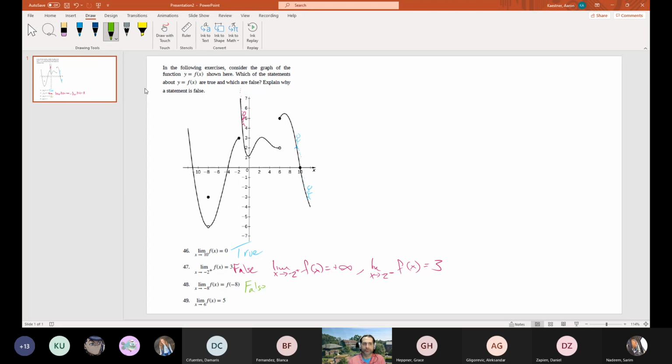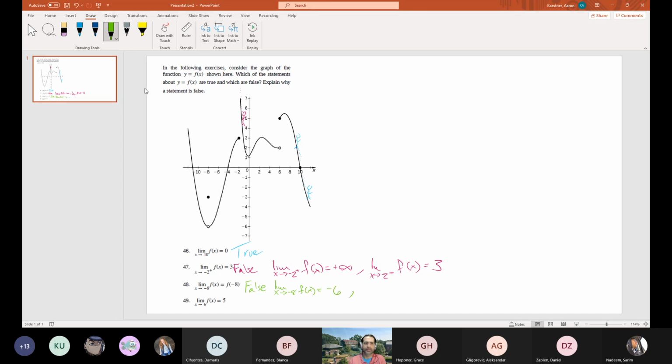So once again, 48 here has a problem, because the limit here, whether I approach it from the left or the right, both look like they're going to that open circle, which is at -6. So the limit as x goes to -8 of f of x looks like it should be -6.